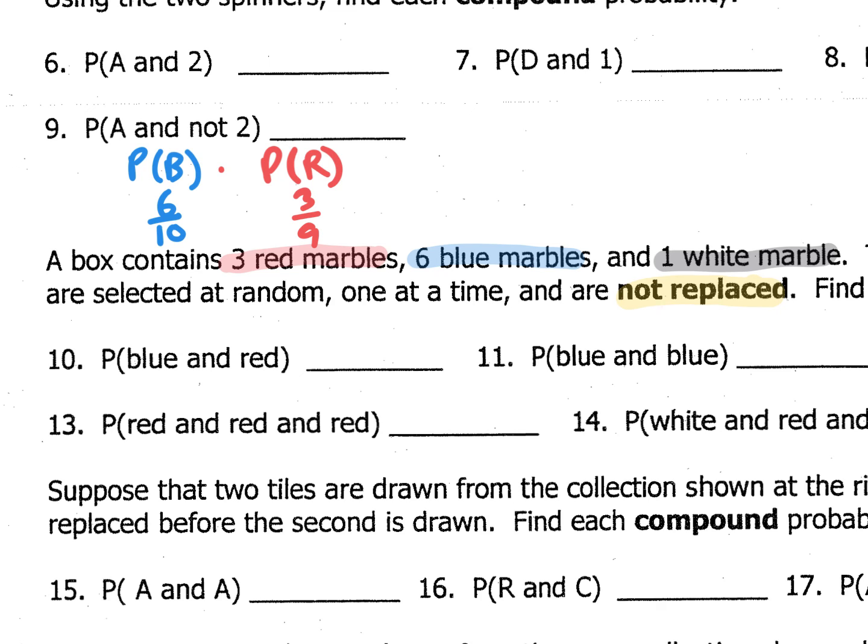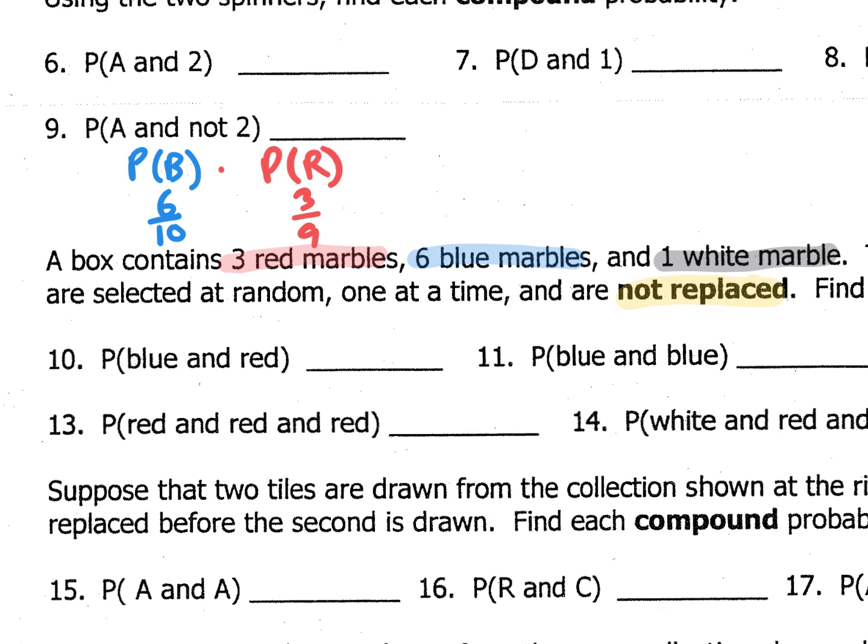Does that make sense? Okay, so again, you put your hand in this box, you don't look at the marble, you're trying to pull out a blue marble. Let's say you do pull out a blue marble. There's no more blue marble, and that total 10 drops down now to a 9, and you want to select a red marble the second time, and that's still 3 out of now 9.